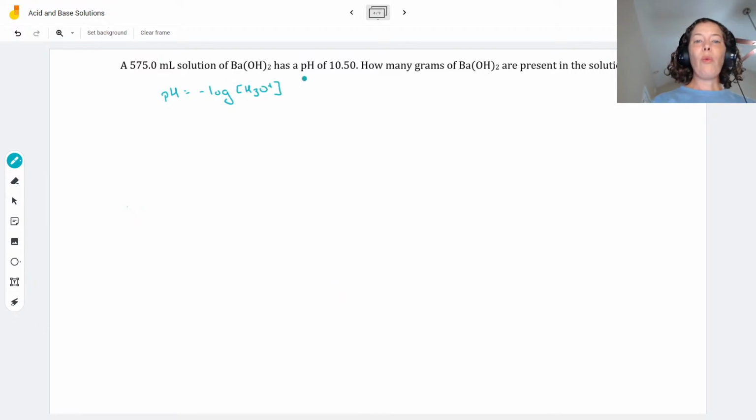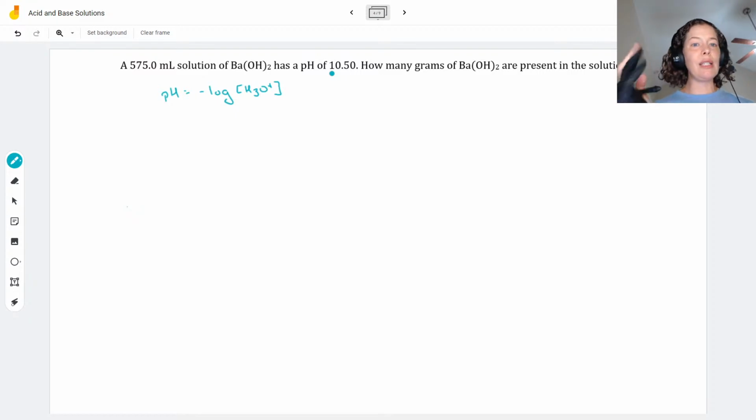All right, we have our pH, which means we can figure out our concentration of hydronium. But in this case, because I'm dealing with a base, I think it's actually going to be easier to first convert this pH to pOH.